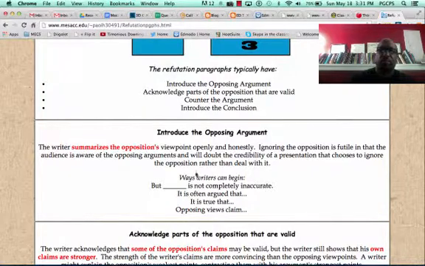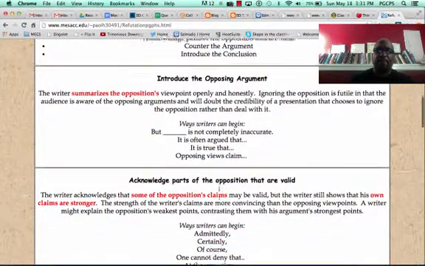Here are some ways you could do that. "But blank is not completely accurate." "It is often argued that..." "It is true that opposing views claim..." So you're going to acknowledge that there are some issues with the opposing viewpoint.